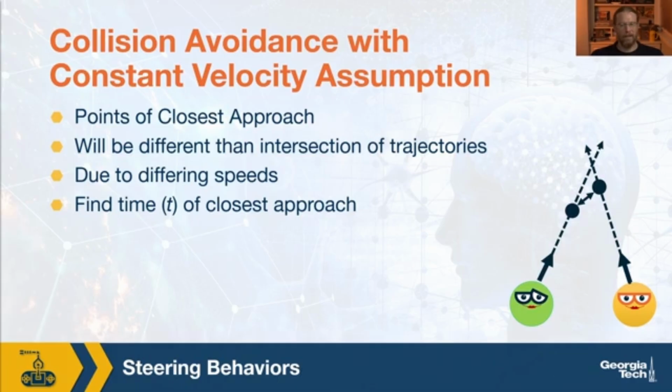So rather than the intersection of two rays, we'll instead be looking for the points of closest approach. And so that's going to be a function of not only the direction of the two agents, but also their speeds. So we're going to find the time of the closest approach, and then that'll allow us to identify these two separate points.